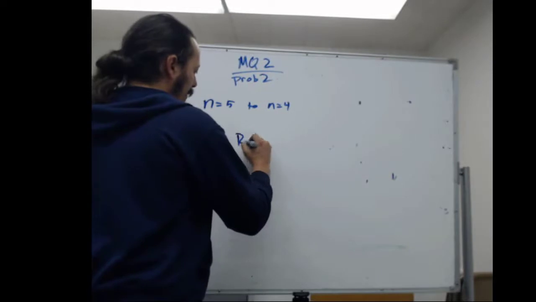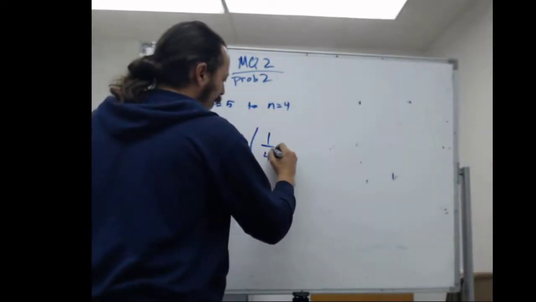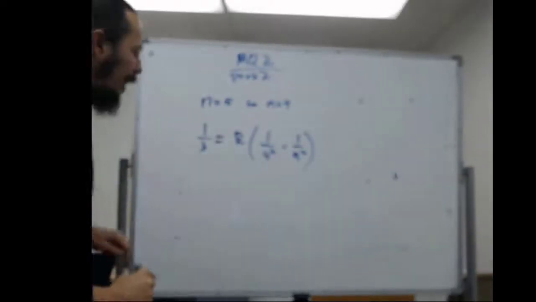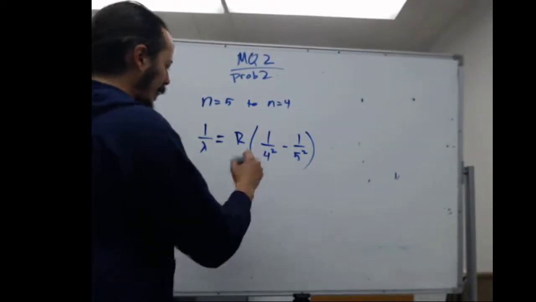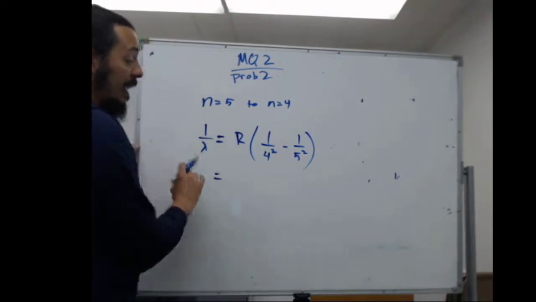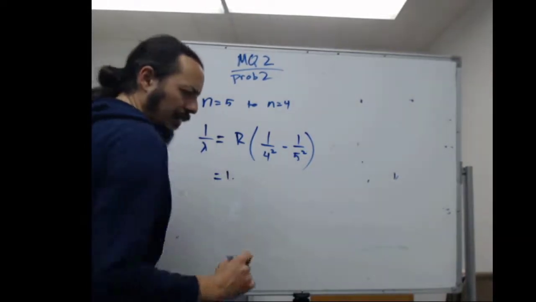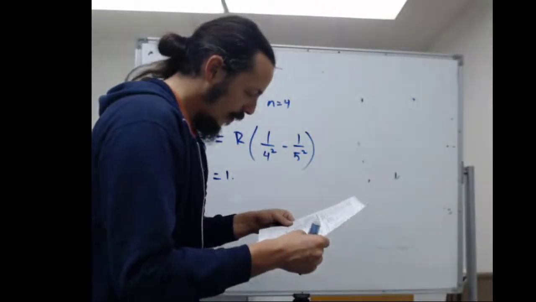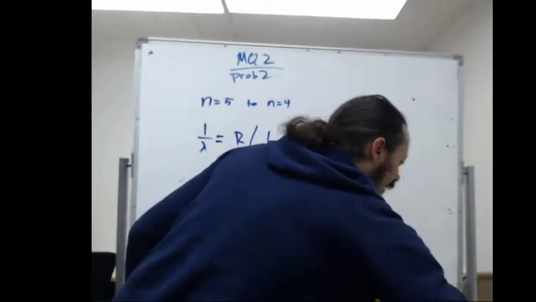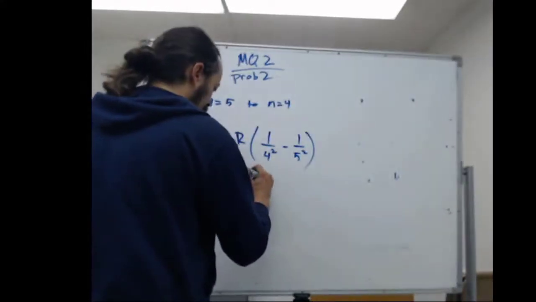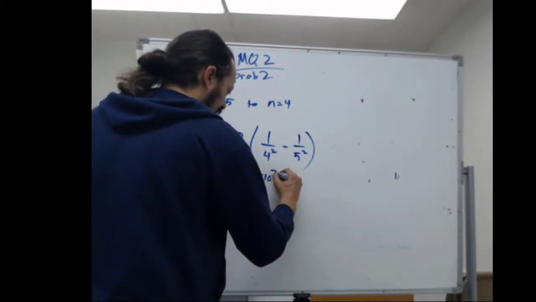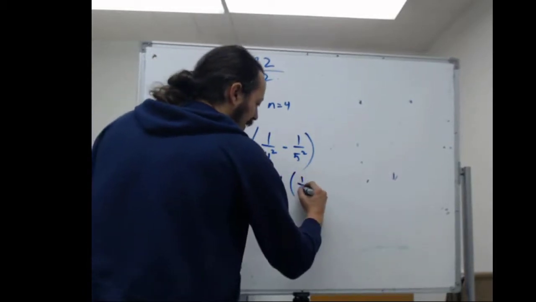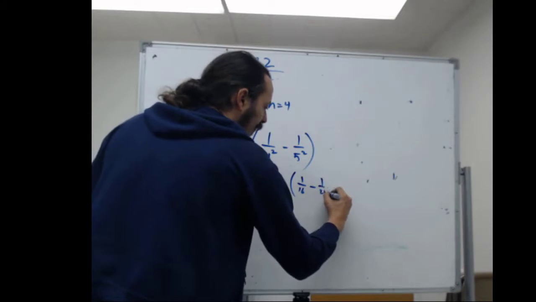This is going to be Rydberg constant times 1 over 4 squared minus 1 over 5 squared. Solve for lambda. In this case, the Rydberg constant for the inverse wavelength version is 1.097 times 10 to the 7 inverse meters, times 1/16 minus 1/25.